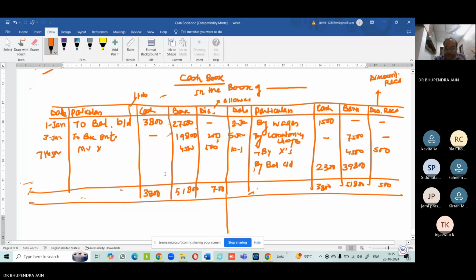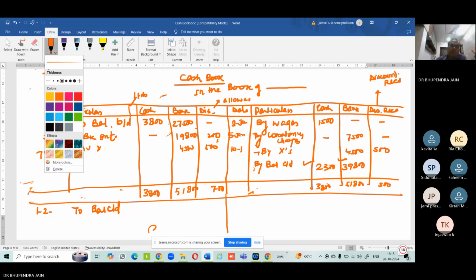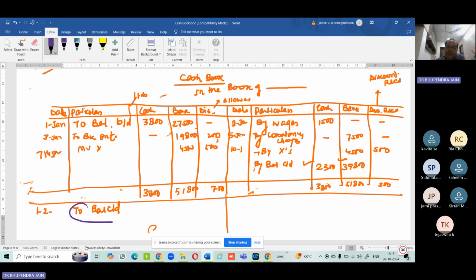In this question, in the triple column cash book, we can write down the closing balance of cash and the closing balance of bank. After closing the account, we write down here, as on 1st of February, to balance c/d. And now we transfer the c/d balance directly to the trial balance. How much balance? c/d 2300 and 39,800.